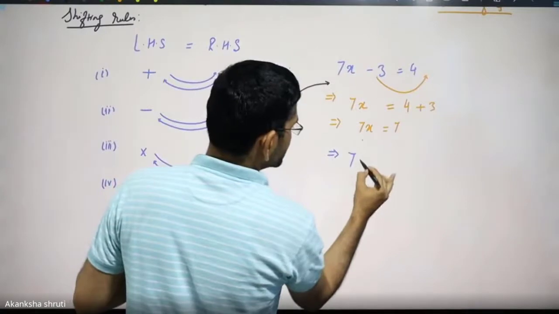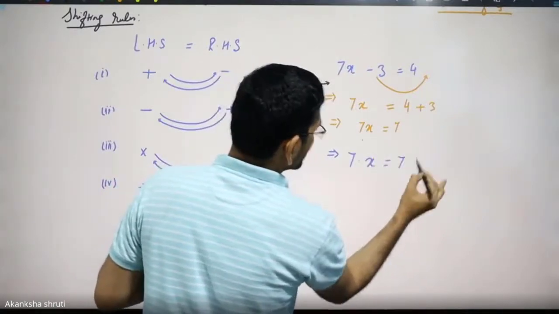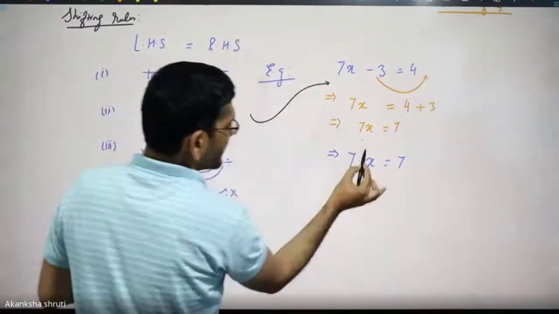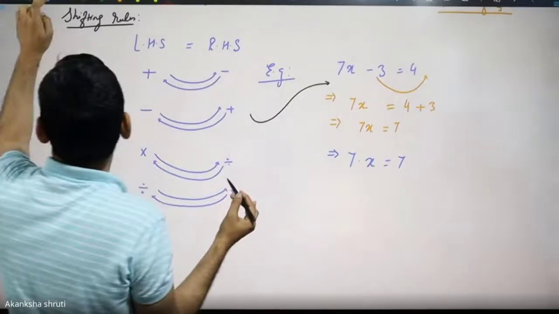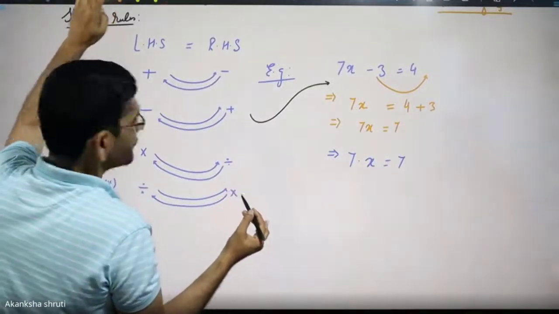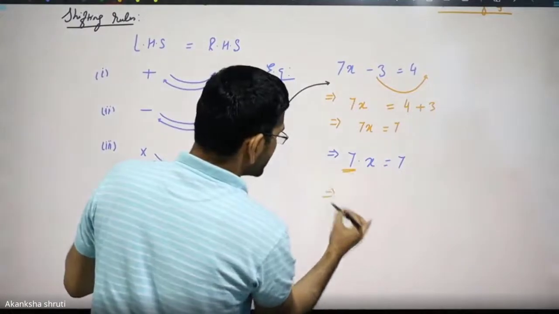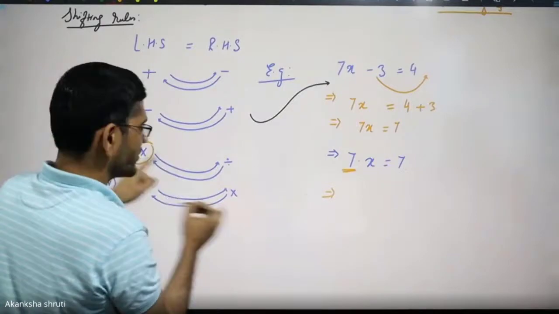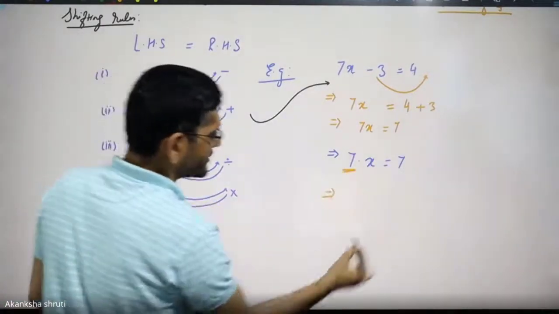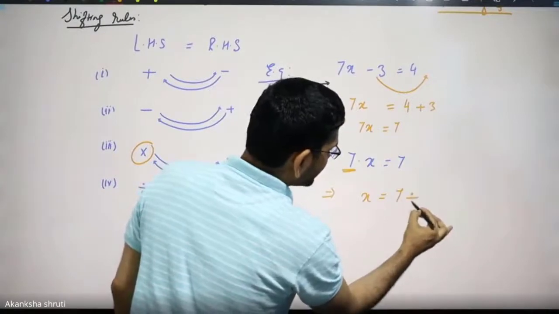This simply means 7 into x equals 7. Now, for finding the value of x, only x should be left. For that, we need to get rid of this 7. Since this 7 is in multiplication on the left hand side, on the right hand side it will go into division.